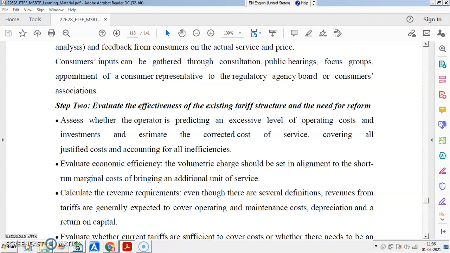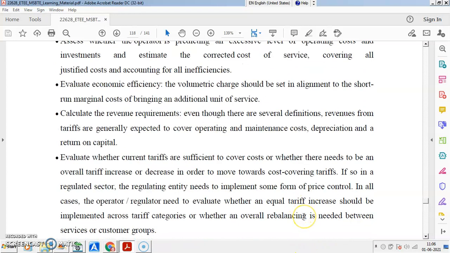Then you have to evaluate whether the current tariff is sufficient to cover the cost, whether there is a need for an overall tariff increment in order to move towards cost-covering tariffs by considering the future expansion. If so, in the regulated sector, the regulating entity needs to implement some price revision, or in all cases it is decided by the MERC or State Electricity Regulatory Commission.